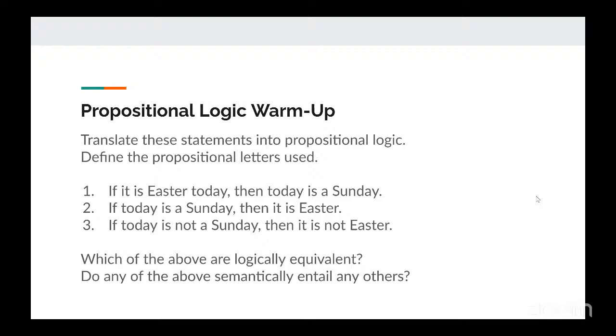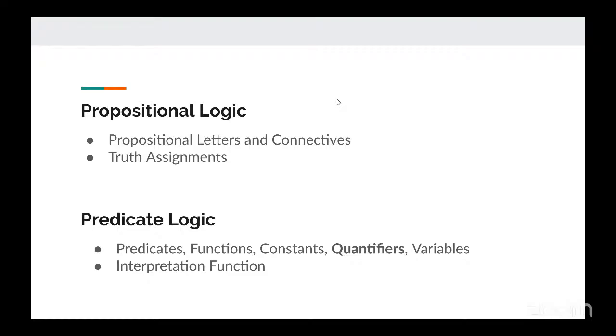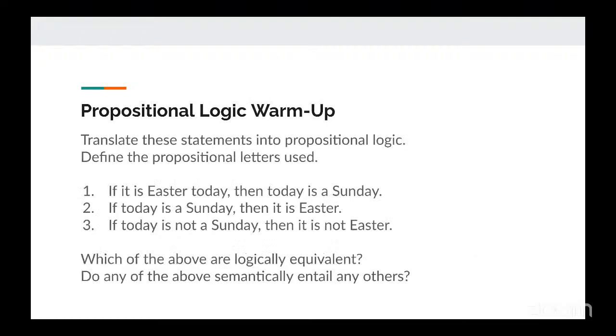And then in the second half of the course, we looked at predicate logic. That was building on what we did, a little bit more complicated, right? We introduced those quantifiers, predicate functions, things like that, and we had the interpretation function, the universe, things like that.